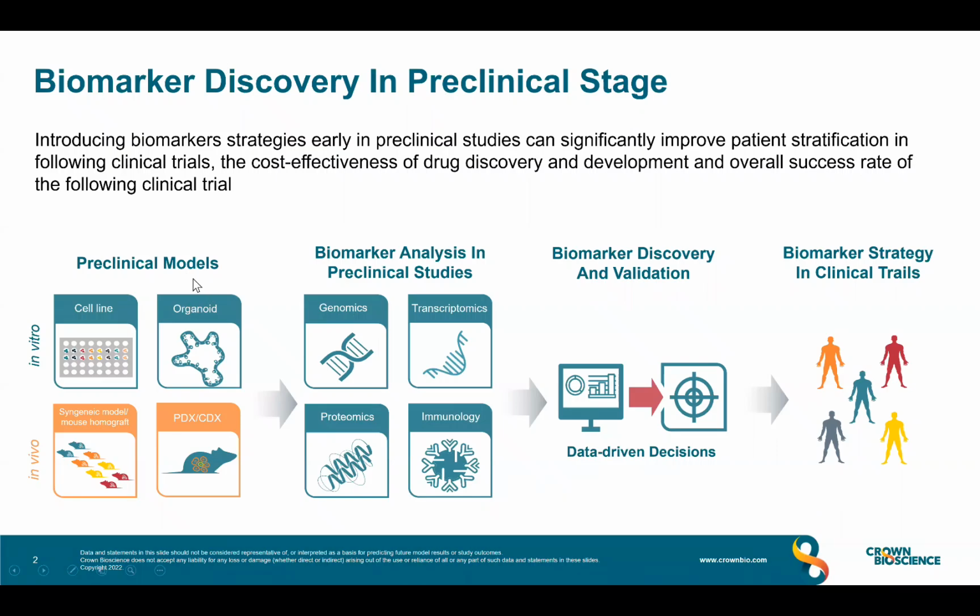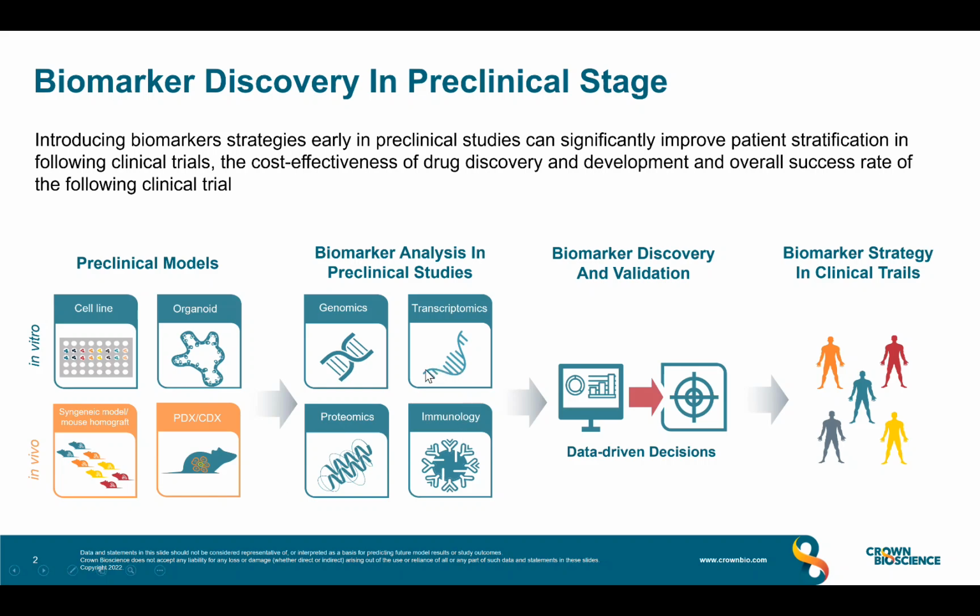Preclinical models, including in vitro biological platforms like cancer cell lines and organoid models, and in vivo animal models such as mouse syngeneic models, mouse homografts, patient-derived xenografts (PDX) and cell line-derived xenografts (CDX), are widely used for oncology research and cancer therapy research before clinical trials.